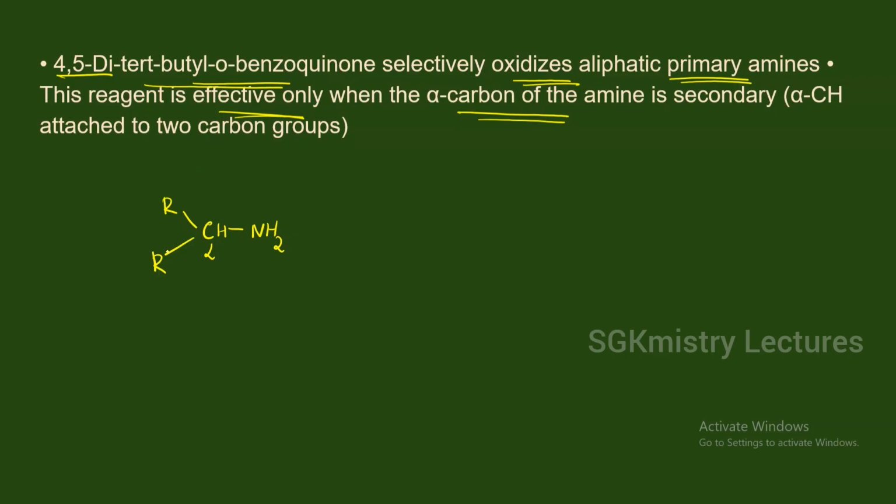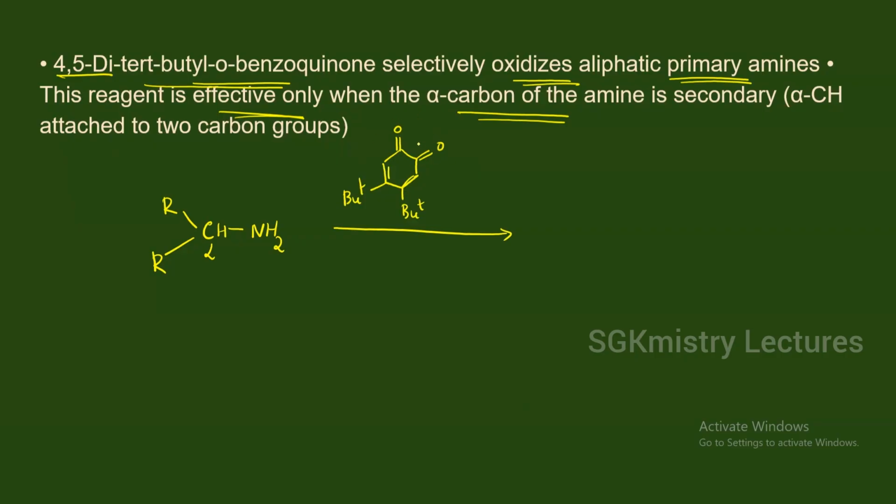So now, in the presence of this particular reagent, let me write the structure. You have a double bond here, double bond here. Here we have the double bond. So tertiary butyl group, here also tertiary butyl group, right? So we have 4,5-ditertiary butyl orthobenzoquinone.